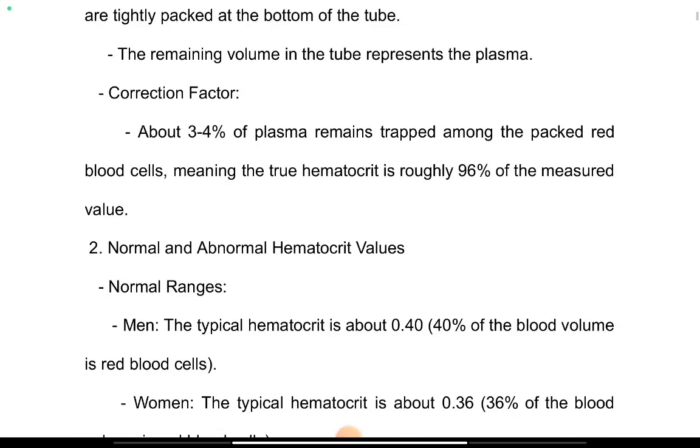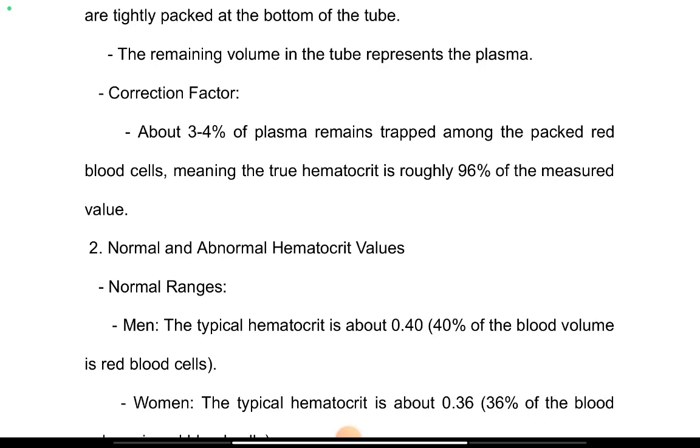The correction factor is not really needed, because as the red blood cells settle down, some plasma will be trapped among the packed red blood cells. That gives a correction factor of 3 to 4%, meaning the true hematocrit value is about 96% of the 40% that we calculated.